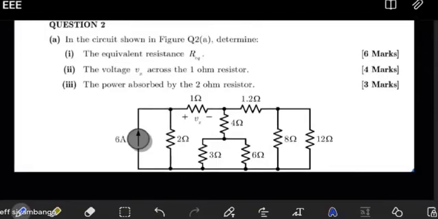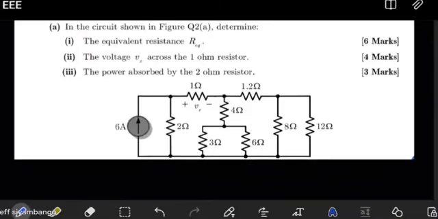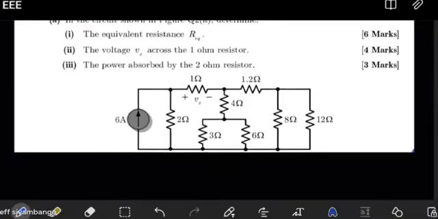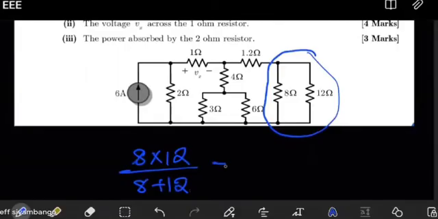Okay, so let's start with Req, the equivalent resistance. How do we find it? Again, we start from the furthest point, this side. Those two are in parallel, so we have 8 by 12 over 8 plus 12. What is this giving us?